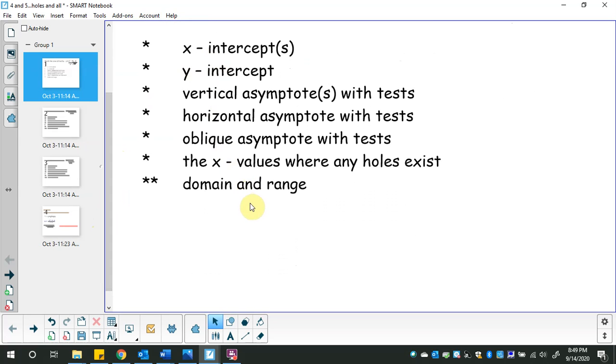So word problems are going to ask you either to find the x-intercepts or some equivalent type of calculation, y-intercept or some equivalent type of calculation, vertical asymptotes, horizontal asymptote, oblique asymptote, maybe holes, but very doubtful in word problems, domain, and range.